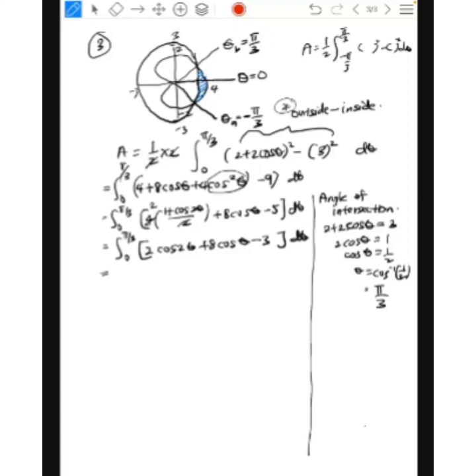Again, remember this 2 theta and this theta cannot be combined together, so be as it is. Integrating cos, I will have sine 2 theta, and don't forget to bring the 2 to become the denominator. Then 8 cos theta becomes 8 sine theta, minus 3 theta, from 0 until pi over 3.